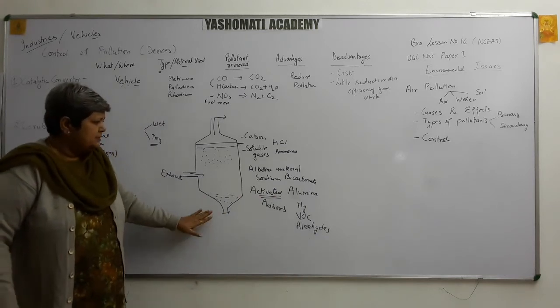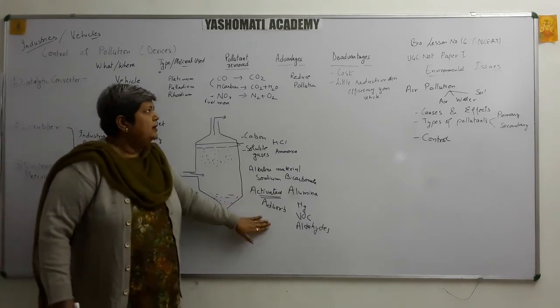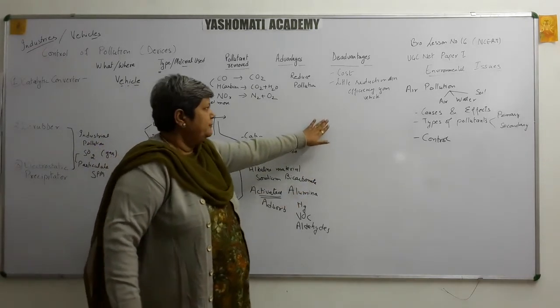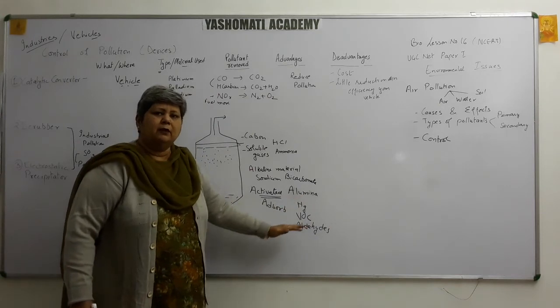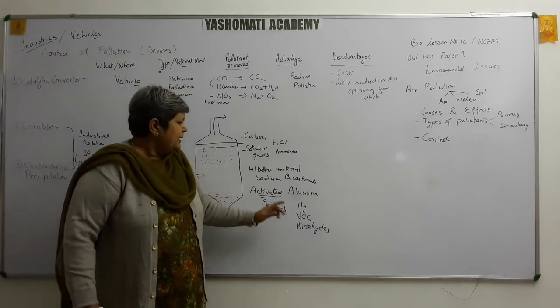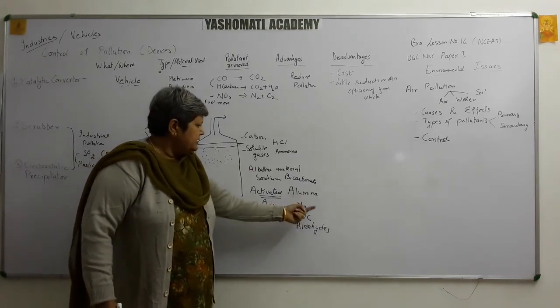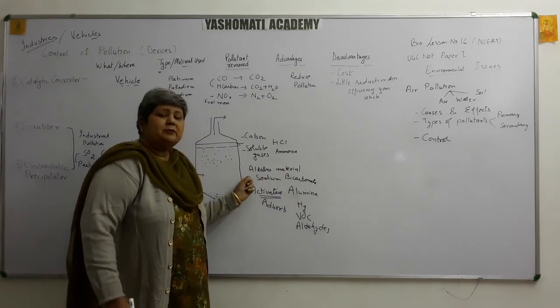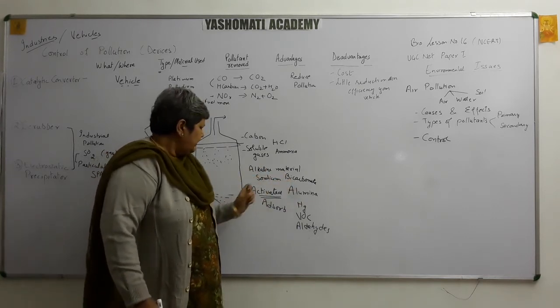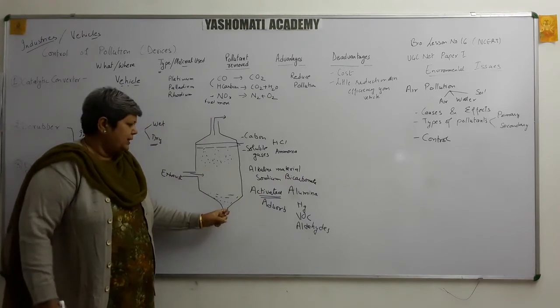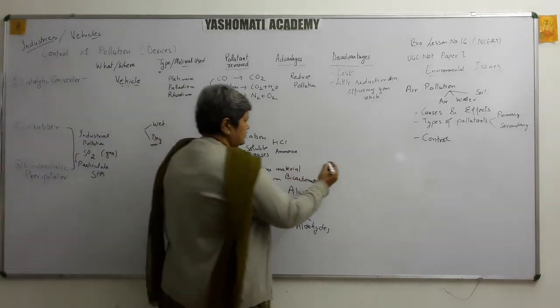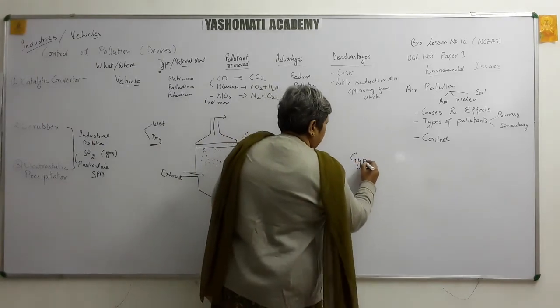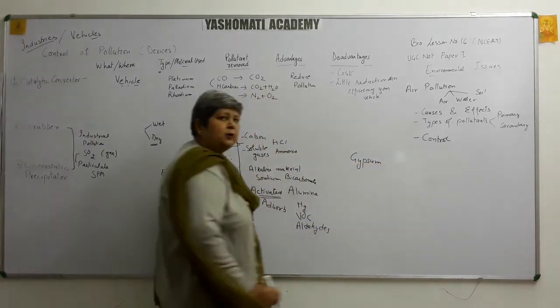So such substances, if they are being used, then we should be very careful that before disposing of, these substances are removed carefully, right. Another advantage of this is that if alkaline material is being used here, then out of the exhaust which is coming from here, you can get gypsum as a byproduct.